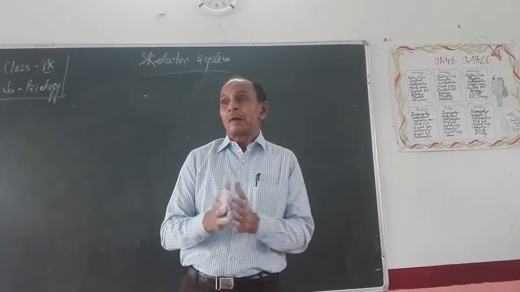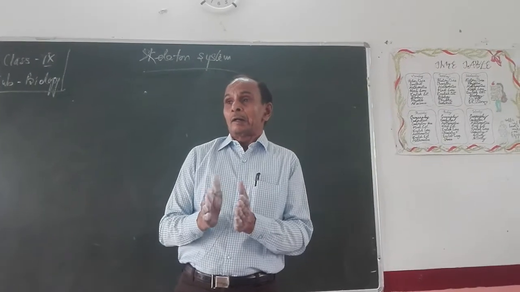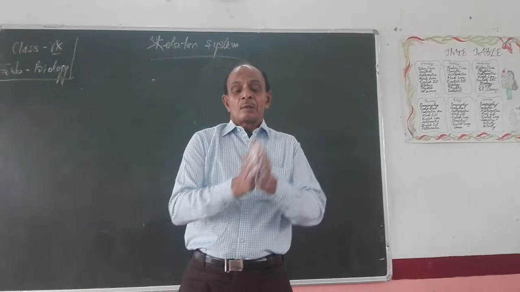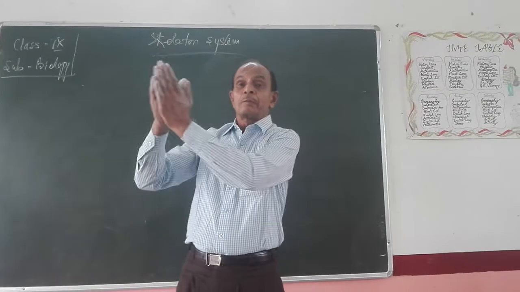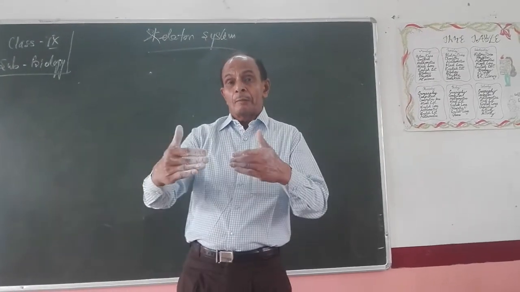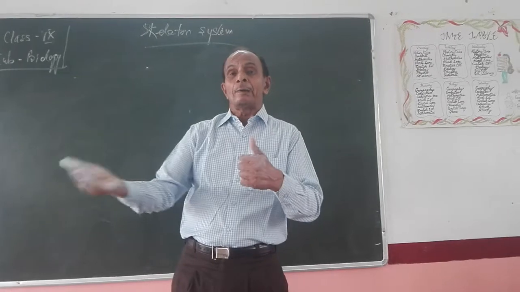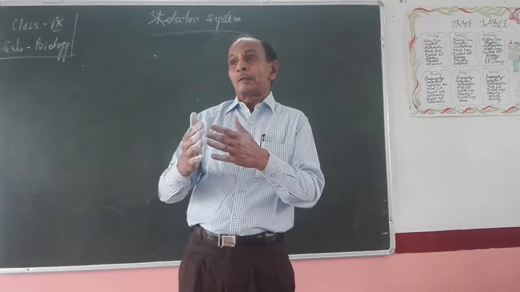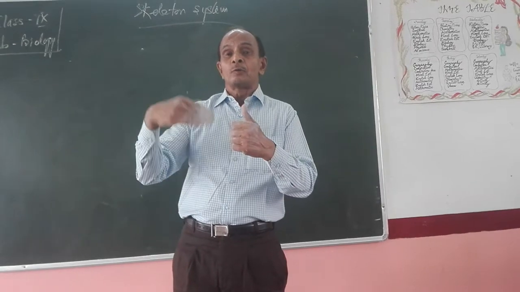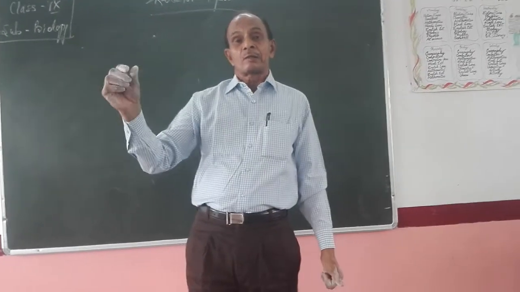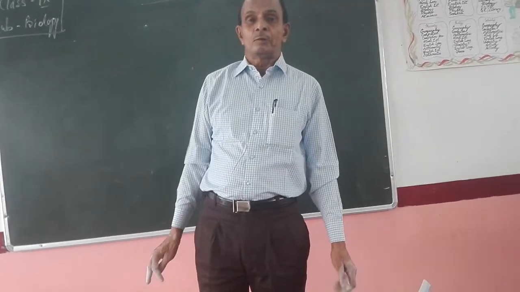So on the basis of movement, joints are of 3 types: immovable, partially movable, or freely movable. Okay. And on the basis of nature, the freely movable joints are divided into different categories. We shall study those in the next video. Okay. Thank you.